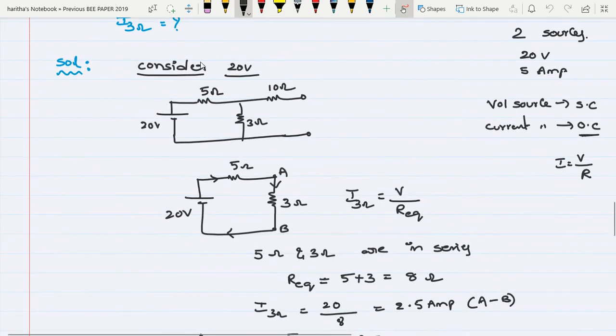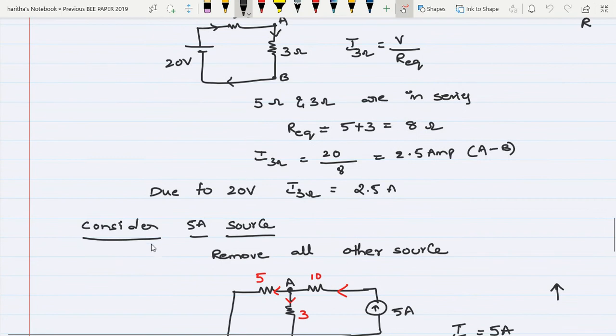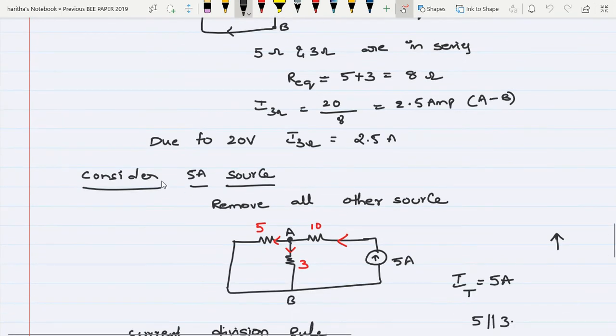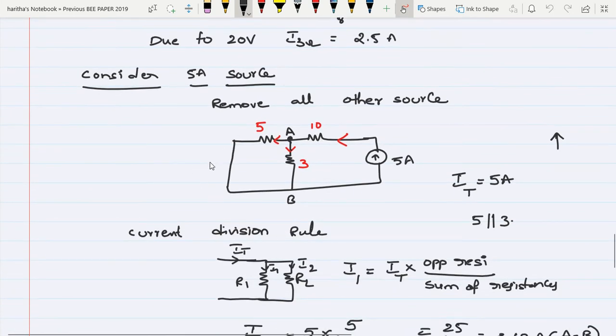So in these two sources, we are considering 20 volt source once and now we are considering 5 ampere source. What is the remaining source? Voltage source. How can you remove the voltage source? By making short circuit. So I am short circuiting that voltage source.